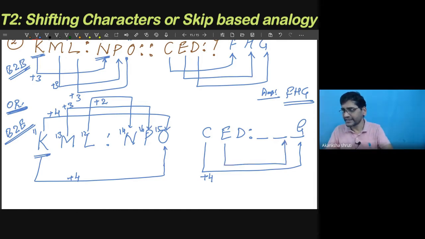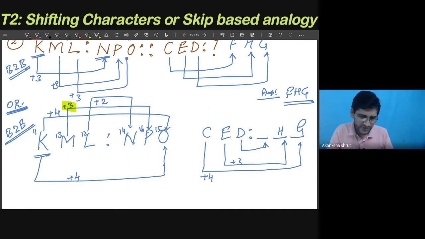Now coming to E. The second from beginning is E, so we have to write the second from end. For second from beginning to second from end, we had observed that the shift is plus 3 from the first pair. So for plus 3, E is 5 plus 3 is 8. 8 is H. Then for D, I need to go for the first, because the last of the first group will be the first of the second group.